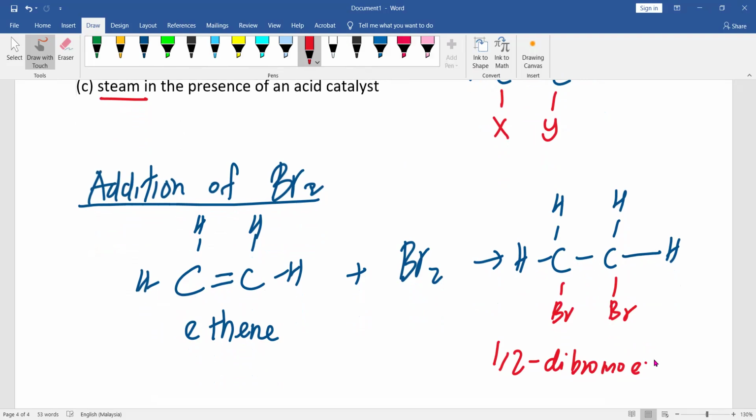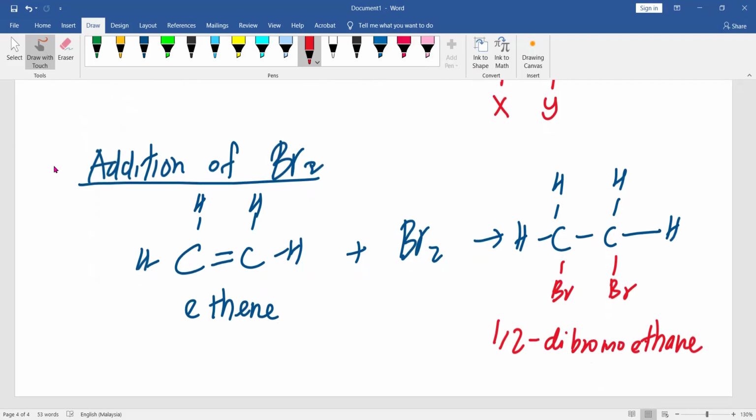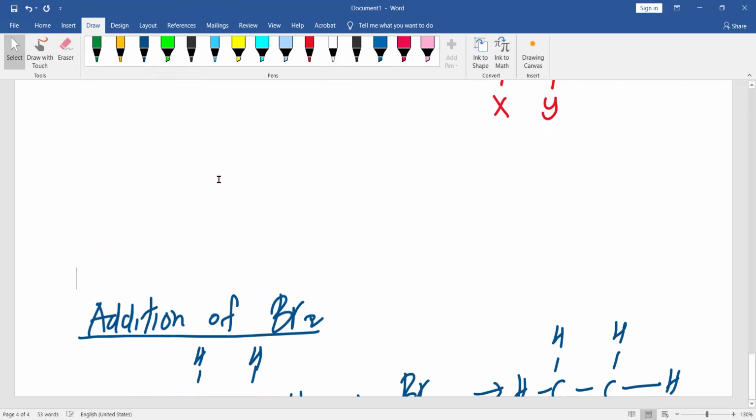Single bond or double bond now? Ethane. It's 1,2-dibromoethane. Why is it 1,2? Because it's on the first and second carbon. Can it be on 1,1? Not in this case. Addition cannot give you 1,1, because the double bond opens up and you add to this carbon and that carbon. 1,1-dibromoethane is only made through substitution, not addition.